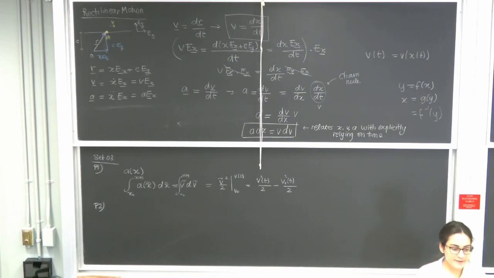Any questions? Okay. Take a minute, read problem 2, and then let me know what a is given as a function of and how we can solve that problem. So take a minute and read question 2 and try to think about a way to solve it.